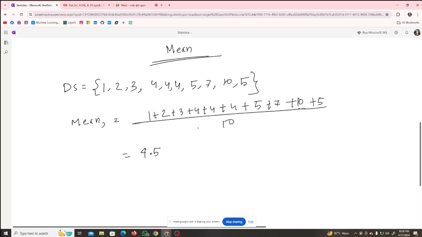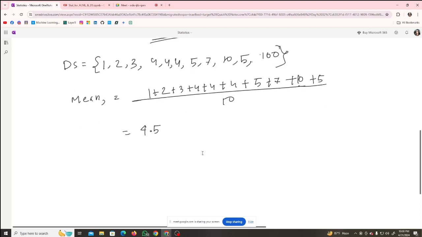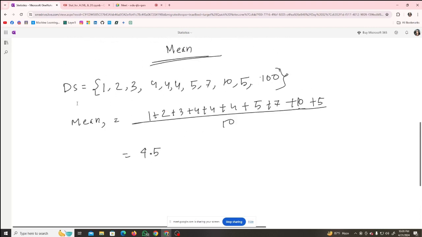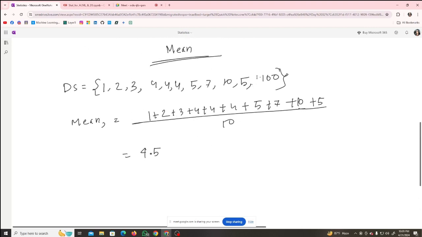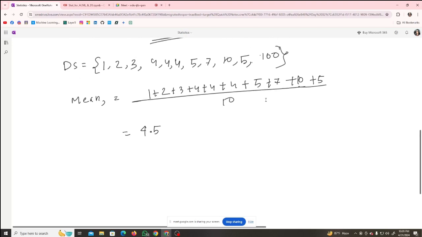But let's say we add a bigger number here. Let's say, 100. So 100 is quite a bigger number compared to all these numbers here, right? So you know what 100 is called here? The 100 is an outlier.